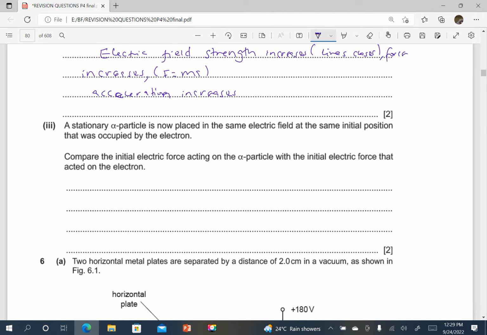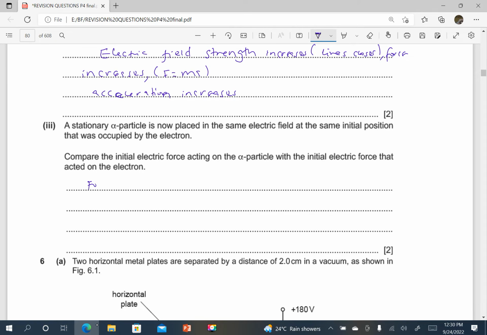The stationary alpha particle is now placed in the same electric field at the same initial position that was occupied by the electron. Note that it is stationary. Compare the initial electric force acting on the alpha particle with the initial electric force that acted on the electron. Number one, the alpha and the electron have opposite signs of charge. Therefore, the forces on them must be in opposite directions.